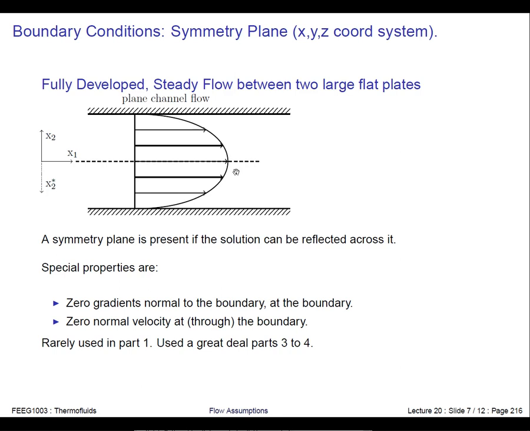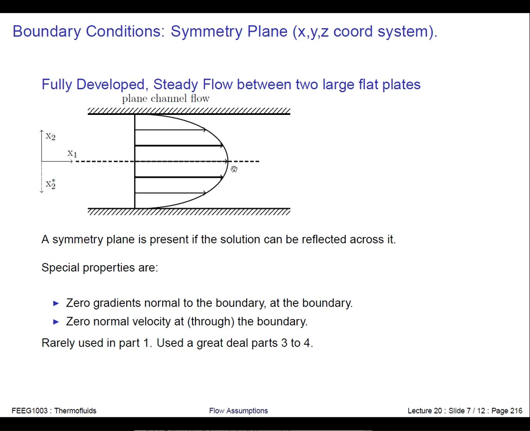So if I wanted to work out the gradient of the change of u, that's this direction, with respect to y, or x2 in this direction, it will be 0 at this point. And this applies to all variables. So if this was a temperature profile, it would do exactly the same. The gradient of any variable normal to the boundary at the boundary is always 0.